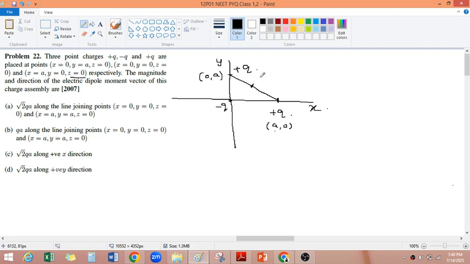So it will be a by 2 comma a by 2 would be the point here. That is my center of the positive charges, and minus q is here. So the dipole moment will be directed from minus to plus.